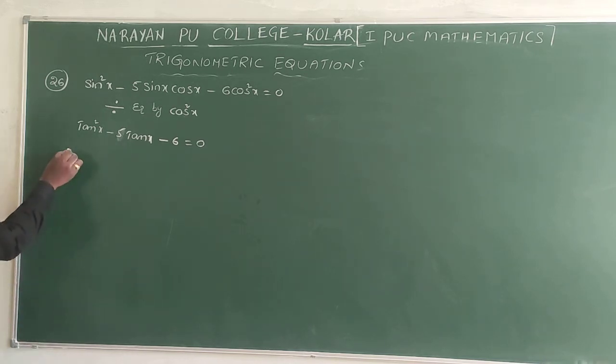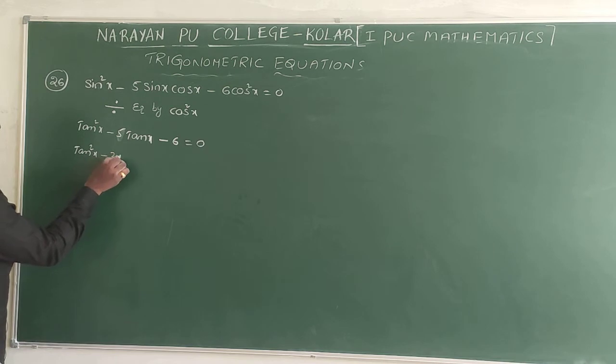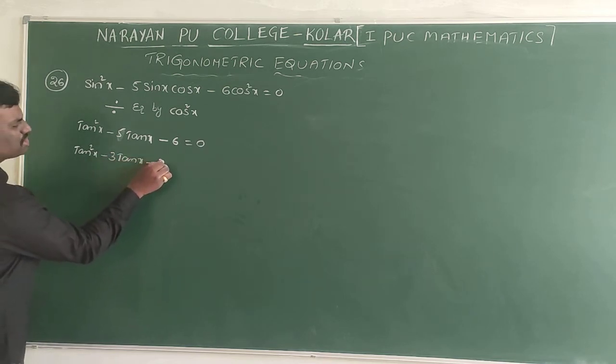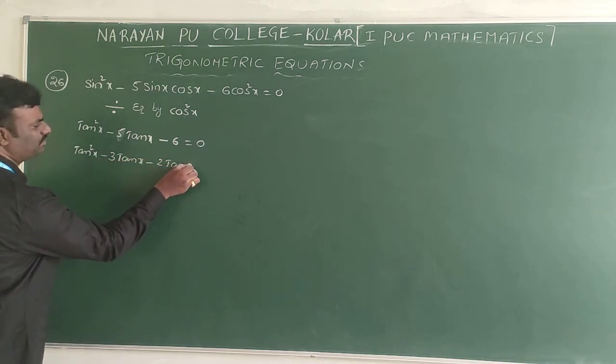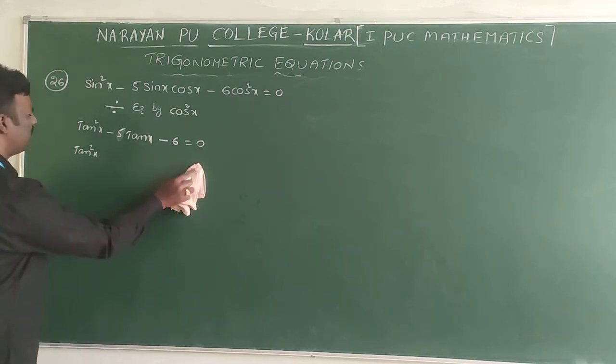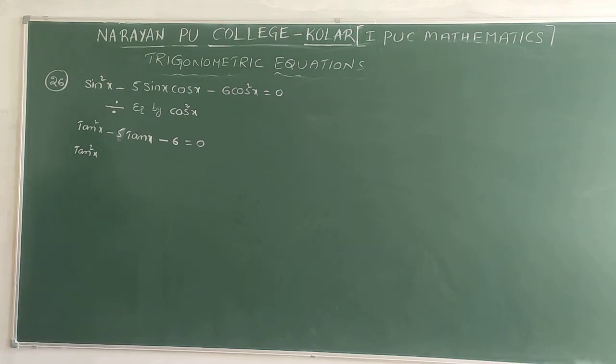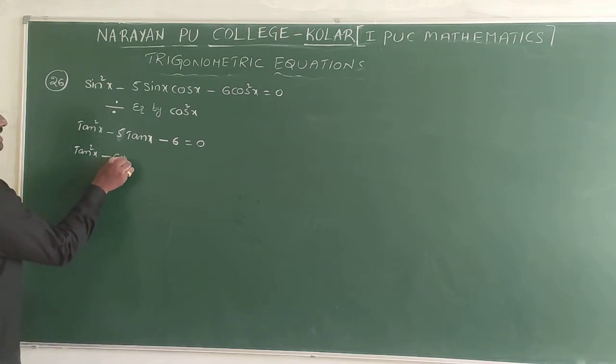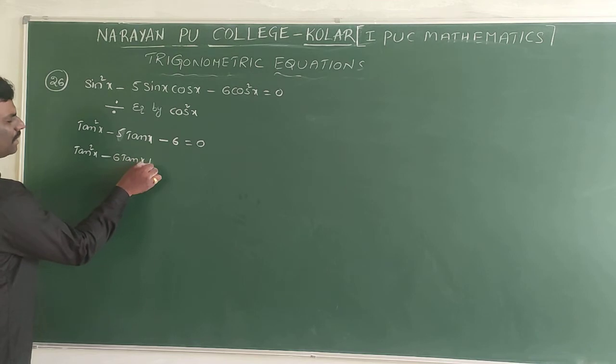Now, tan square x minus 5 tan x can be written as minus 3 tan x minus 2 tan x. That is wrong. Why? Because if you take minus 3 into minus 2, you will get plus 6. But here minus 6 is there. That's why don't take it like this. I can write this as minus 6 tan x plus 1 tan x.